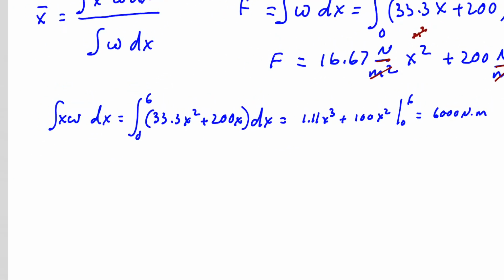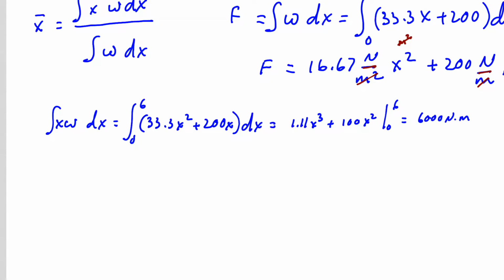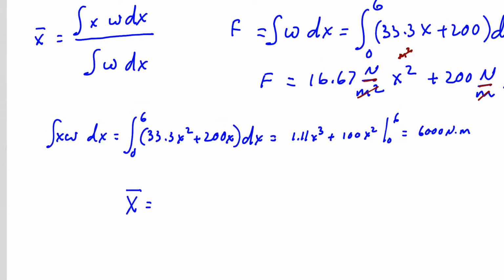Okay, so now we need to put it all together to solve for our x bar. X bar, again, is equal to the values that we just found, the 6,000 newton meters divided by 1,800 newtons.